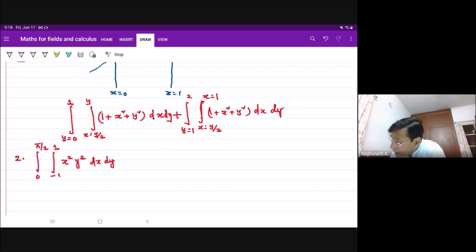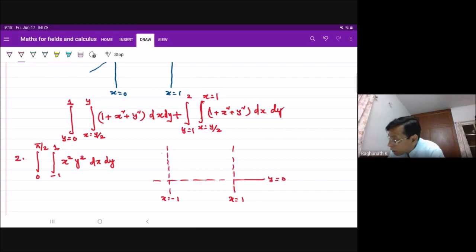X is equal to -1. Check it once. X is equal to 1. Y is equal to 0 x-axis. Y is equal to pi by 2. It's a rectangular region.